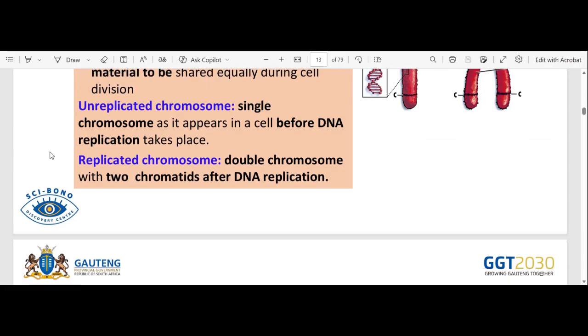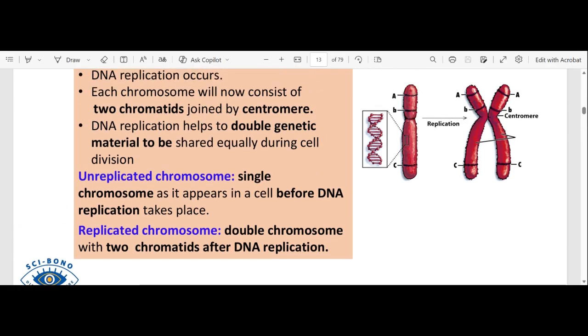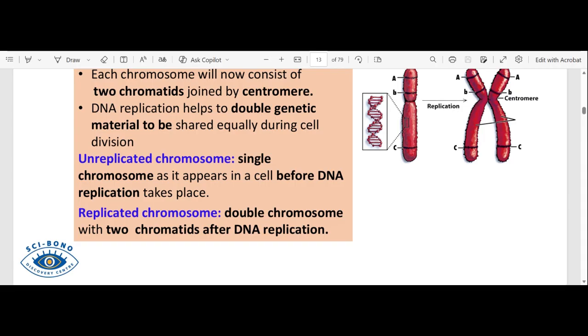Then here it says replicated chromosome: a double chromosome with two chromatids after DNA replication. So this is an unreplicated chromosome, and this is a replicated chromosome, but they're still chromosomes. I hope it makes a lot of sense.